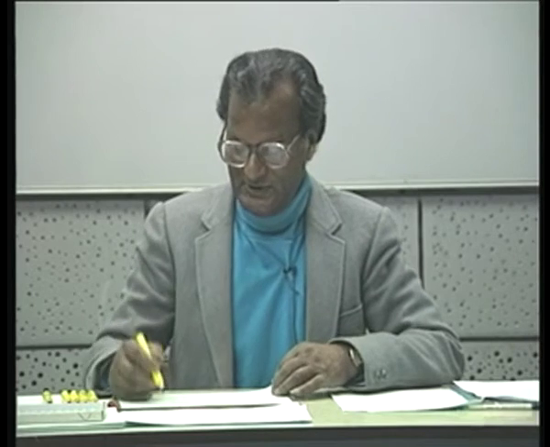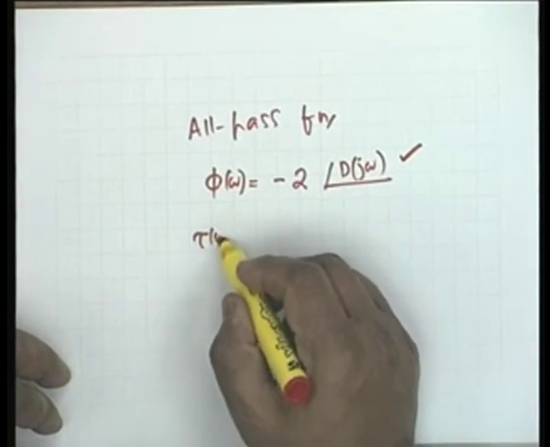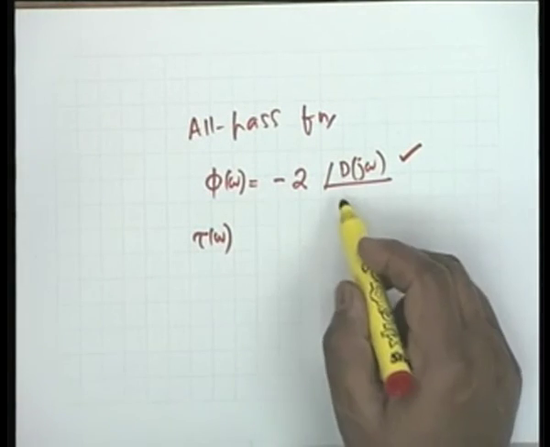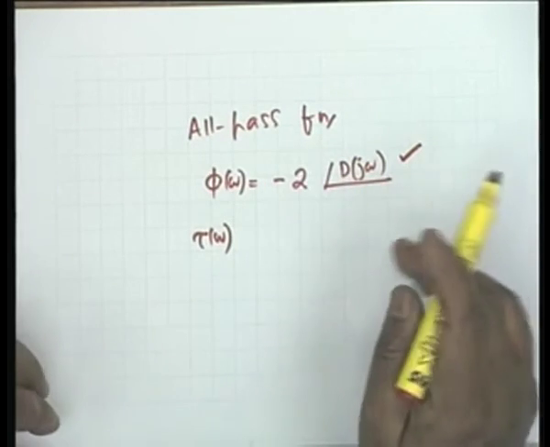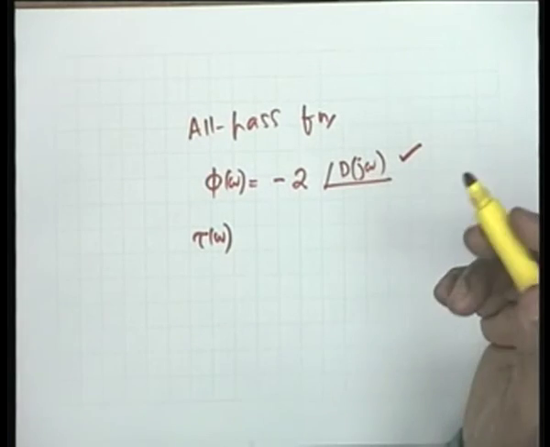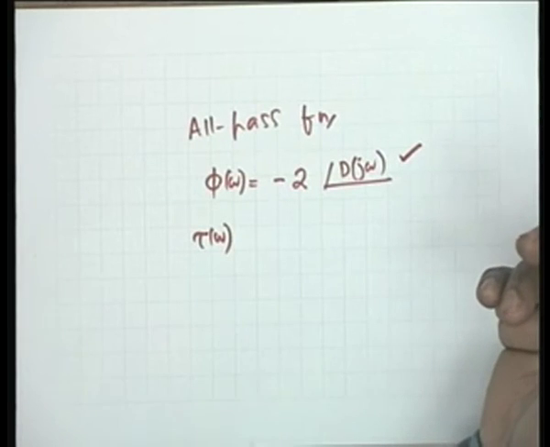So, if that is so, then for an all pass filter, finding the delay should be simpler, because all you have to do is find the angle of one of the polynomials and multiply by minus 2, and that gives you the delay. Now, why am I discussing all pass in so much detail? Because that is the only use of all pass functions.